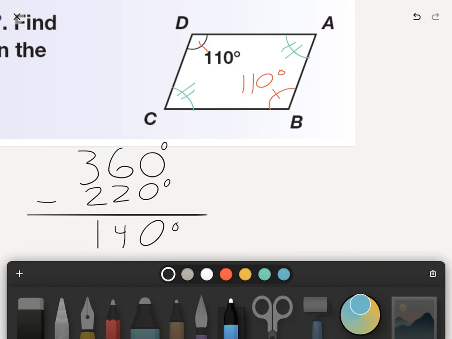So that gets us 140 degrees left over. And so we know that these two added together are 140, and they are the same, so we divide by 2 to get our 70 degrees. And so now we have the rest of our information: this one is 70 degrees, and this one is also 70 degrees, and that's today's lesson, kids!